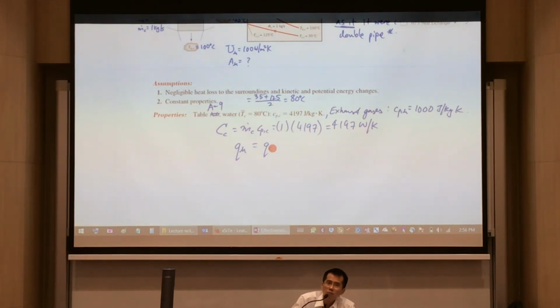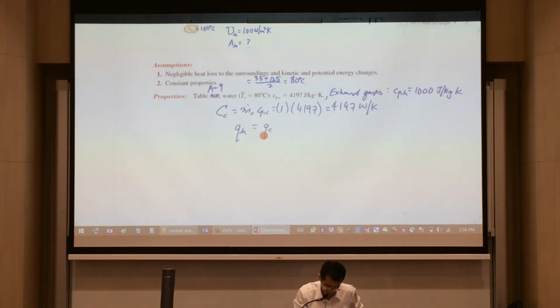The heat transfer rate for the hot fluid, across the whole heat exchanger, has to equal the heat transfer rate for the cold fluid. The heat lost by the hot fluid must be the heat gained by the cold fluid, provided we insulate the entire system.